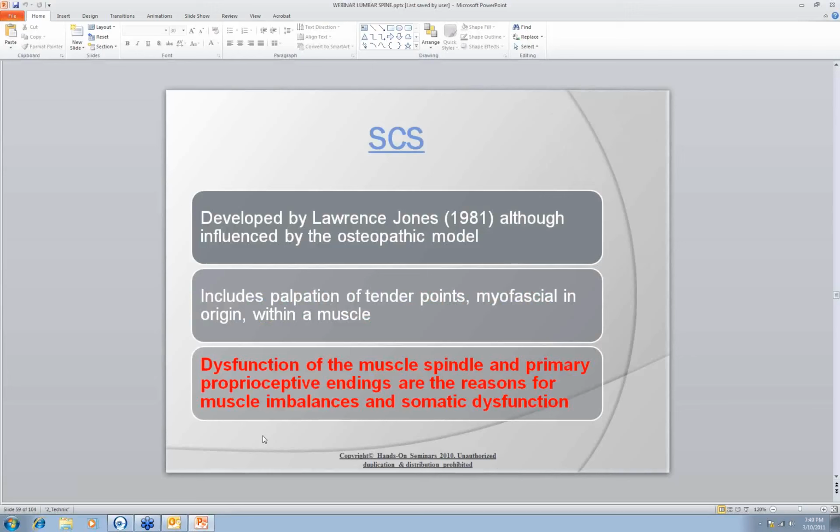He was influenced by the osteopathic model, and contrary to Travell and Simons and other researchers in the area of myofascial pain, Jones believes that it is the muscle spindle and the primary proprioceptive endings that cause the somatic dysfunction and the muscle imbalances, while Travell, Simons, Levitt, Yanda talk about the trigger point being the culprit of the somatic dysfunction that also causes the muscle imbalances.